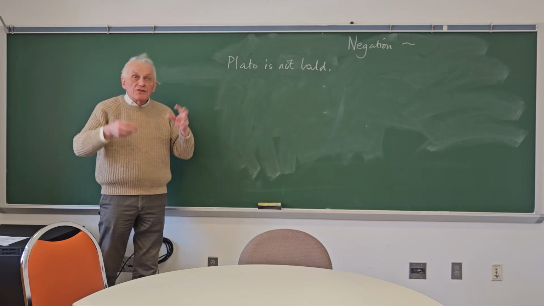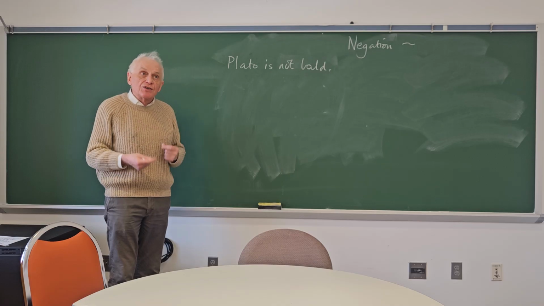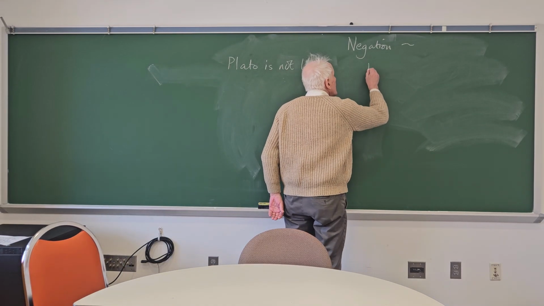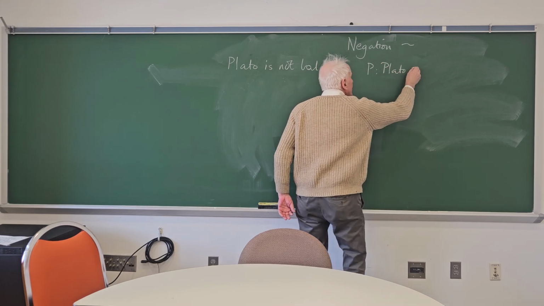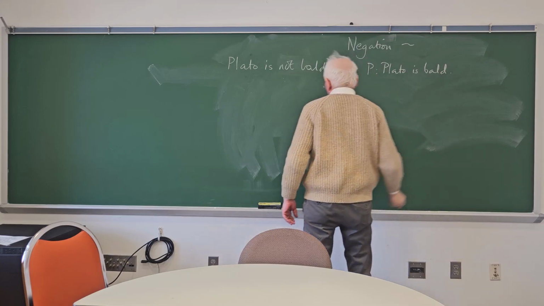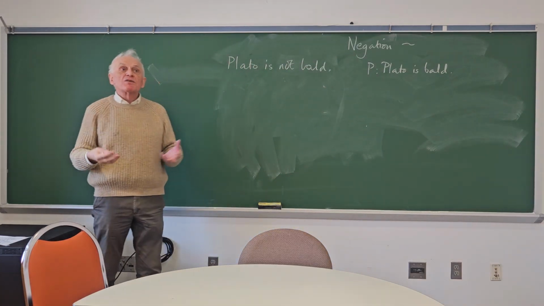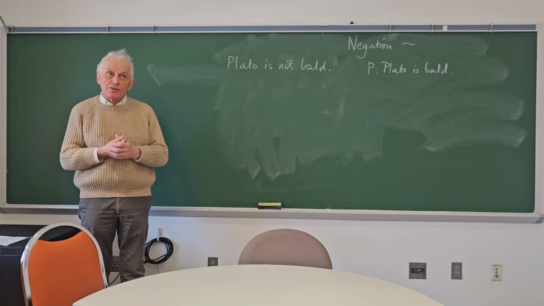And we can express this in a little thing called the truth function table for negation. So if we represent the sentence Plato is bald by the sentence letter P, we represent atomic sentences in sentential logic with uppercase Roman letters.